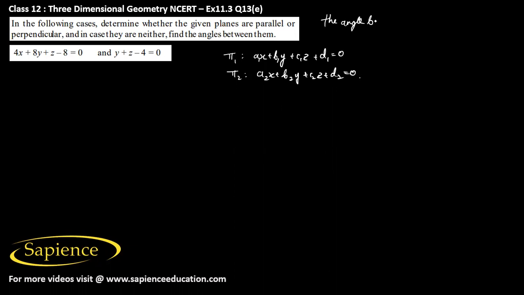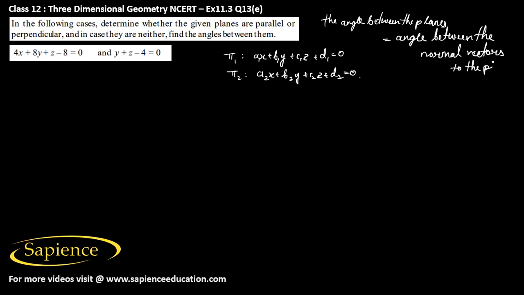The rule is that the angle between the planes is equal to the angle between the normal vectors to those planes.